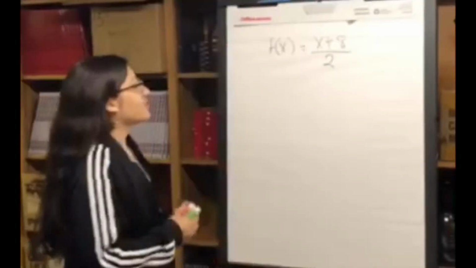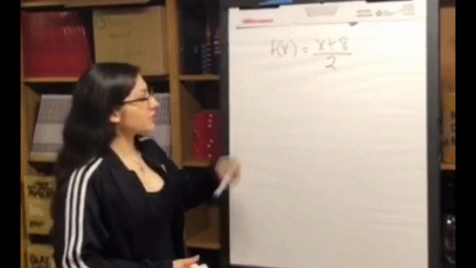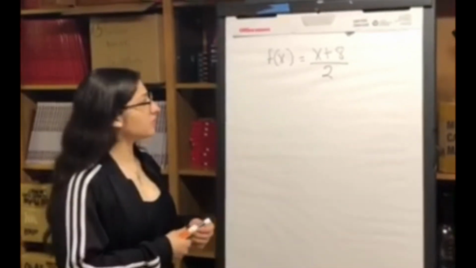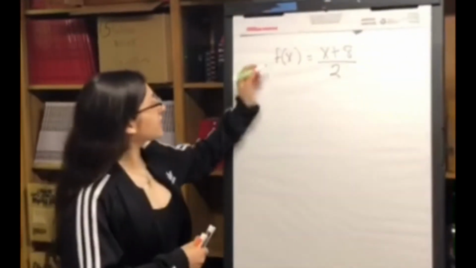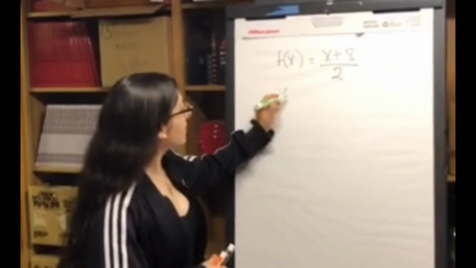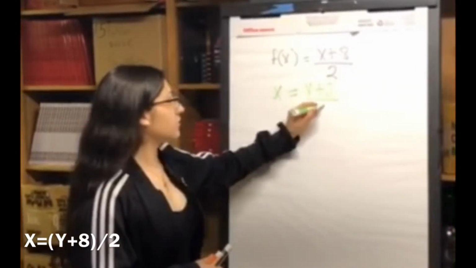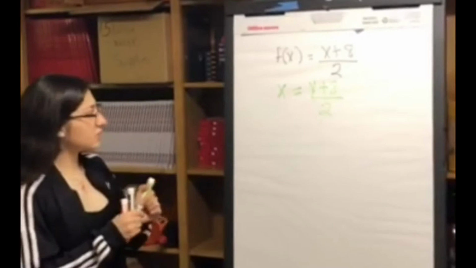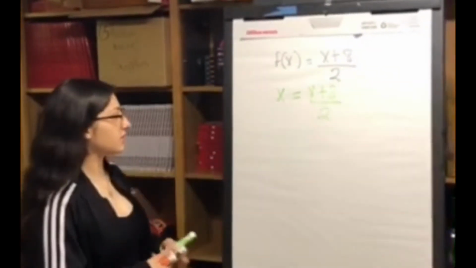So what we're going to do in this simple example is turn this function into an inverse function, and in order to do that, you first want to interchange the y and the x. So instead of f of x on this side, it would become x equals y plus 8 over 2. And then once you finish that step, you want to multiply the x by 2 in order to get rid of it on this side.